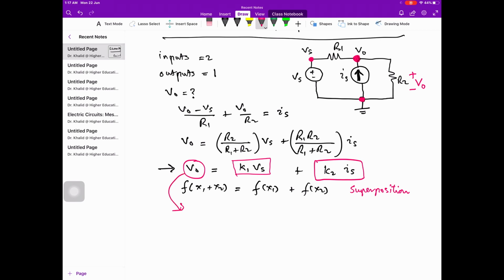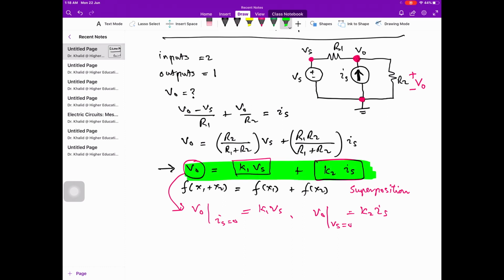So the output voltage when the current source is removed is equal to K1 Vs, and the output voltage when the voltage source is removed is equal to K2 Is. The output voltage due to both sources is shown already over here.